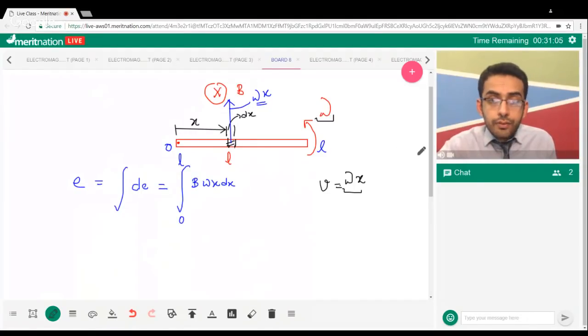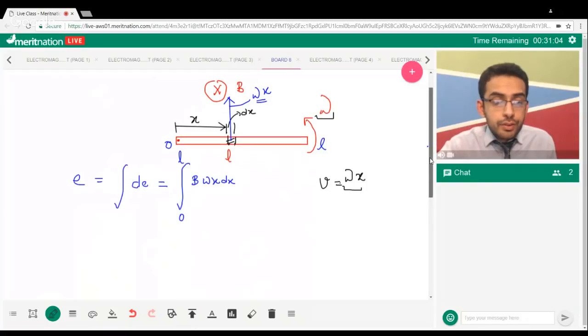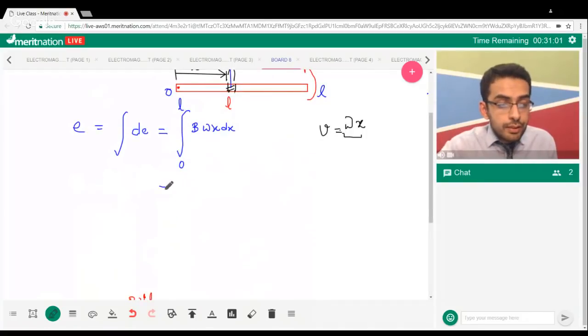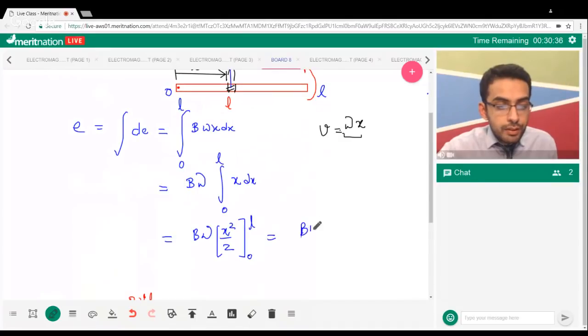So the next thing we have to do is to integrate. B is a constant quantity, omega is a constant quantity, and now integral of x dx from 0 to L. In this situation, it will be equal to B omega x squared by 2, with limits 0 to L, and that is equal to B omega L squared divided by 2.